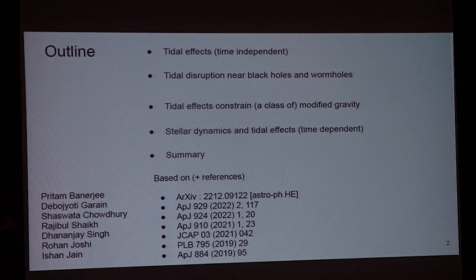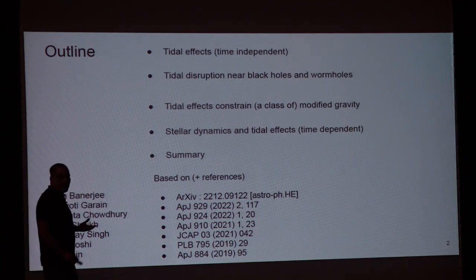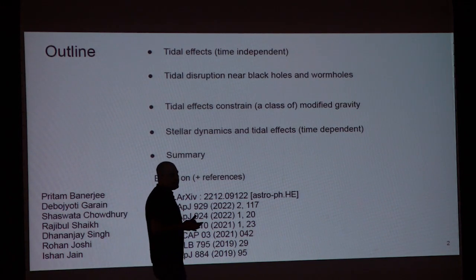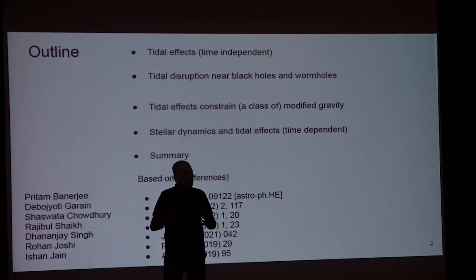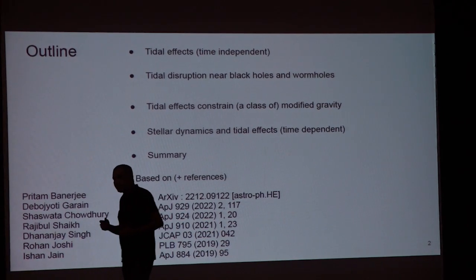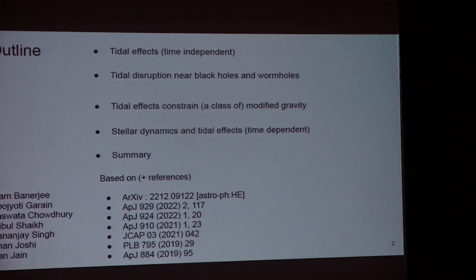So when you talk about tidal disruptions, because the black hole has an event horizon and the wormhole has a throat, there is a qualitative difference in how these geometries will interact with objects close to them.